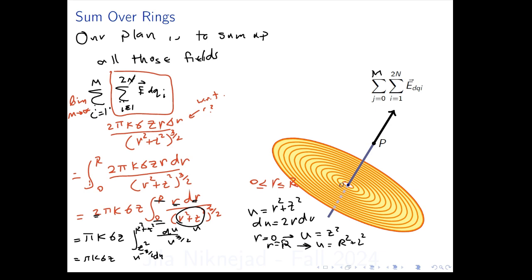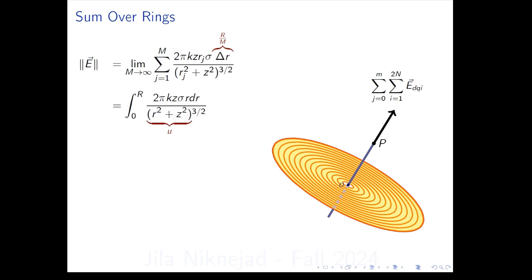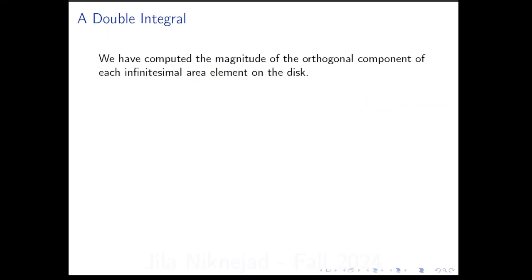This magnitude is k z dq over parentheses r squared plus z squared to the power 3 halves.